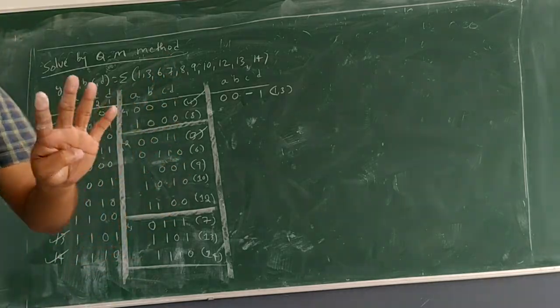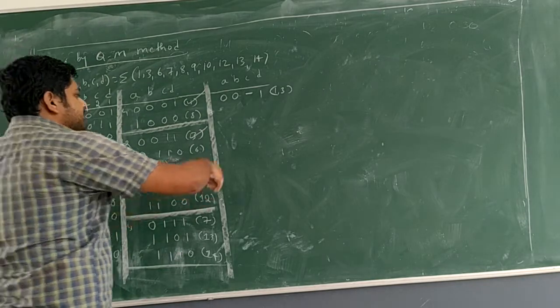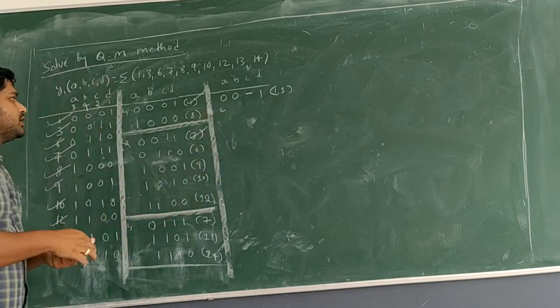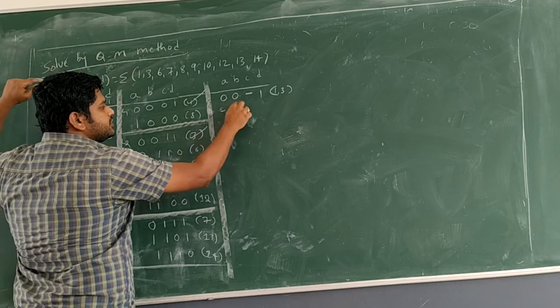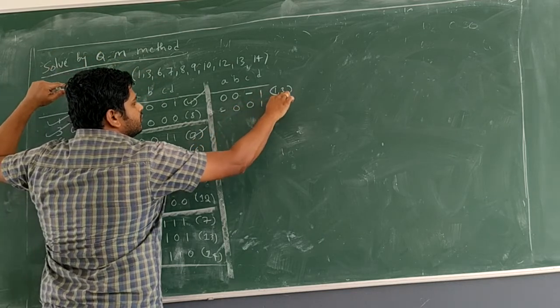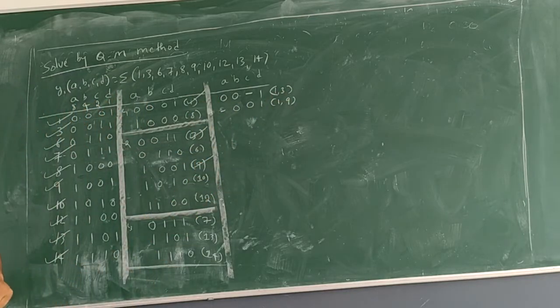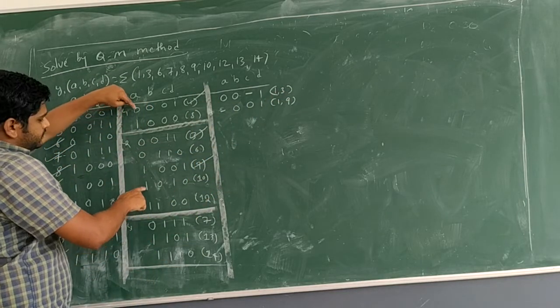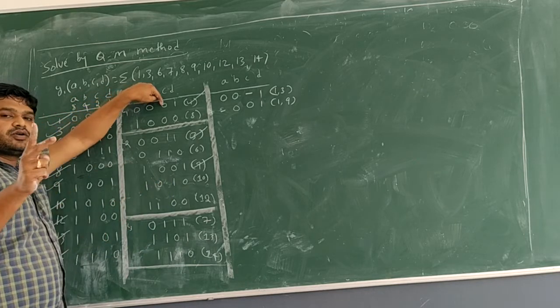A different and B, C, D same. Okay. A different, B 0, C 0, D 1. 0, 0. What is its name? 1, 9. Okay, 1, 10. A different, B same, C different. So we have got 2 different.